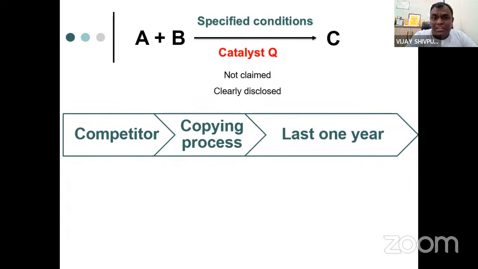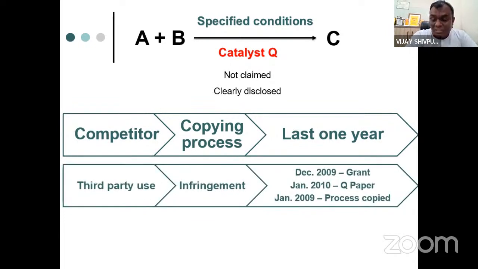Now the key question is, based on the information provided, whether the process of the competitor uses catalyst Q or not, that's not provided. Whether the competitor's process includes catalyst Q or not is not provided in this case.